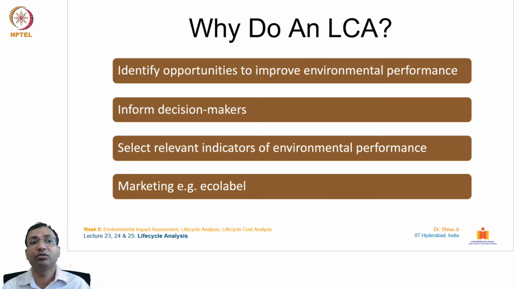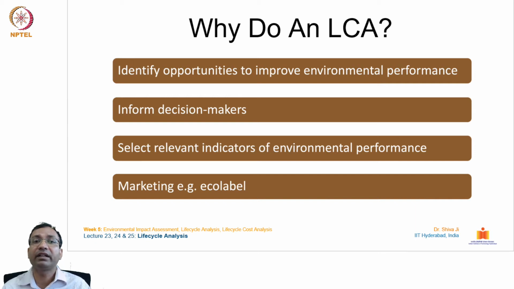The second is to take informed decisions. Taking informed decisions is a very important factor, because if some repercussions come up later, or some discovery takes place later in the life cycle of any product, there will be very bad repercussions and after effects.